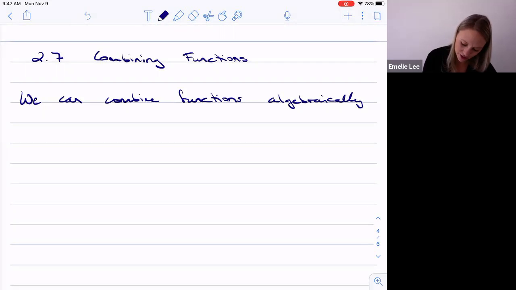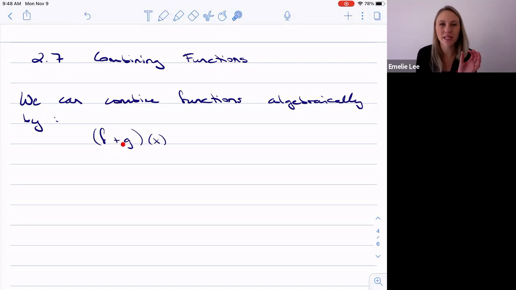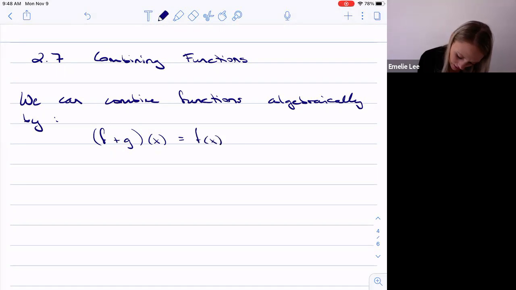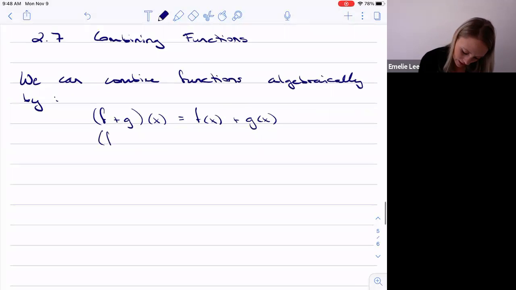So we can combine functions algebraically by how we say it is f plus g of x. So here I'm making a new function f plus g of x. But all we're going to do is f of x plus g of x. So nothing really changes. Same thing, f minus g of x, making a new function, but all I'm going to do is take f of x minus g of x.